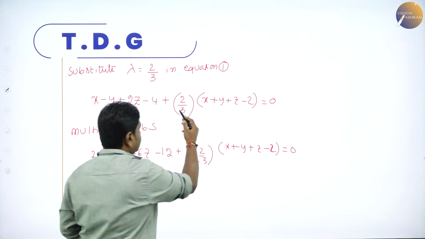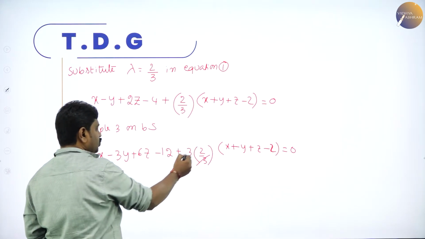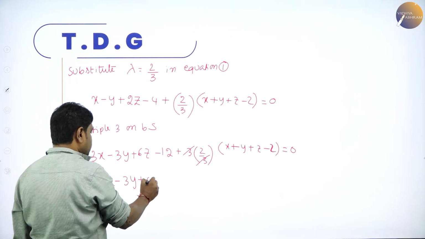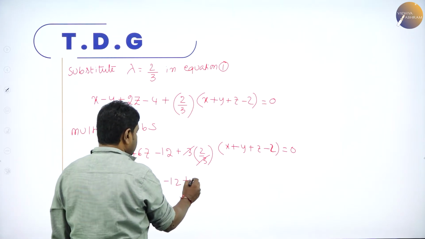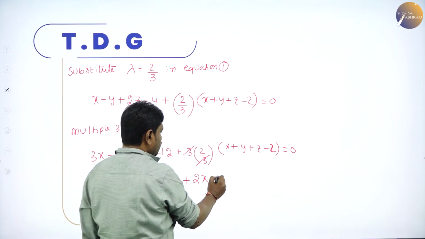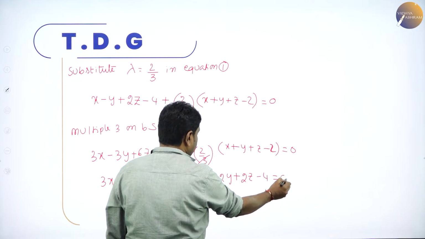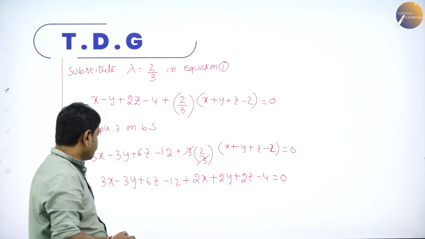The 3s cancel, so we are left with 3x minus 3y plus 6z minus 12 plus 2x plus 2y plus 2z minus 4 equal to 0. Further, you can simplify this.